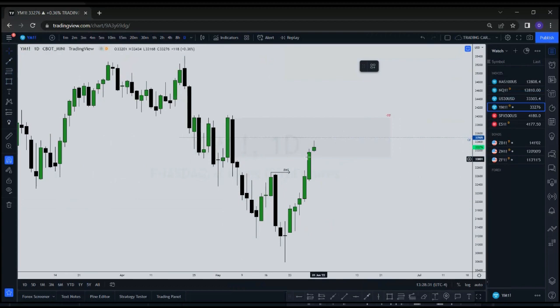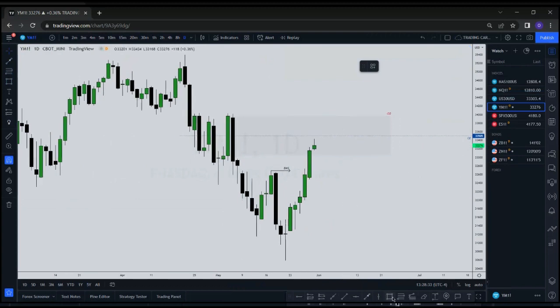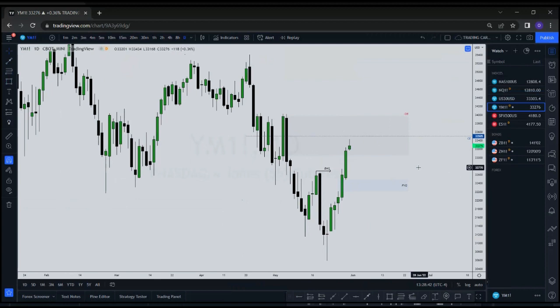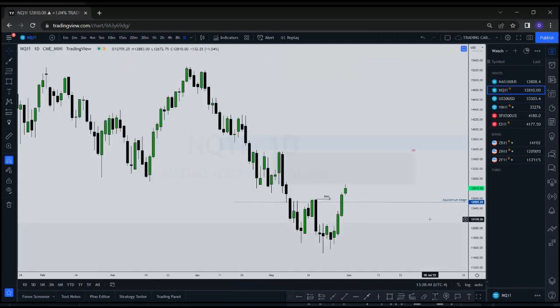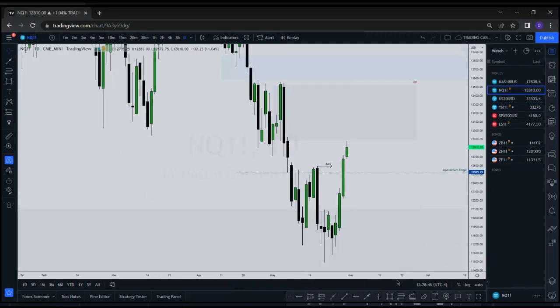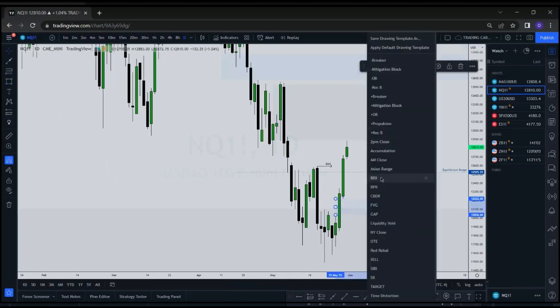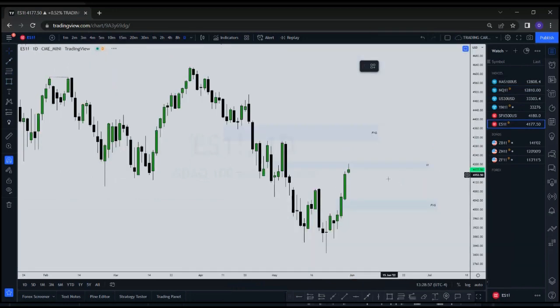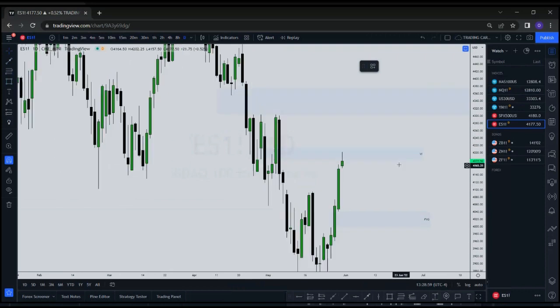So this is on the premium side, and on the discount side, we have this fair value gap to watch for. So it's all the same on the three, with S&P probably being a little bit cleaner.